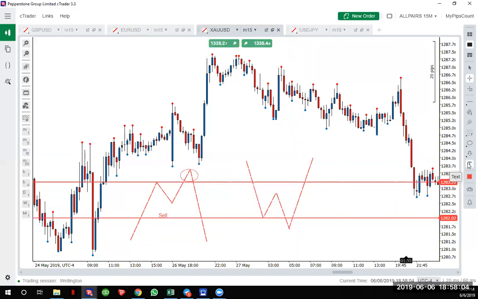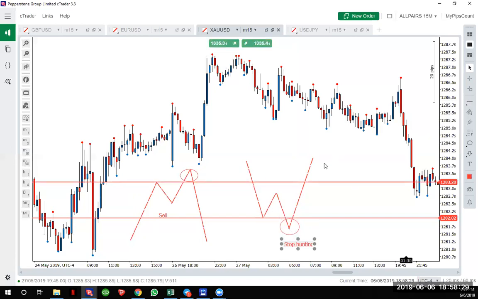So now this phase right here is our stop hunt. I want you to pay attention to that. That's a stop hunt. That's a critical part of the MW structure that we're trading, okay? All right.